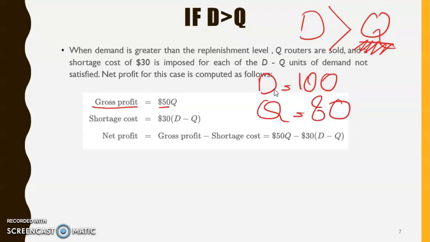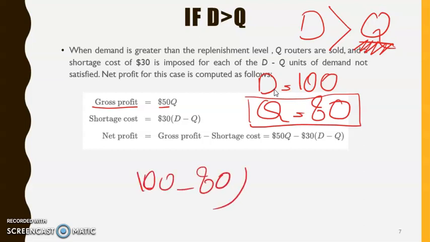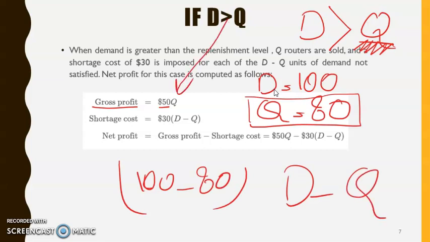Of course, you can only satisfy 80 units of your demand, and you lose the remaining 20 routers of demand, calculated as 100 minus 80, that is demand minus Q. Since D here is greater than Q, this is always positive, and for each unit that you lose, you have to pay the shortage cost of $30. So $30 times D minus Q.